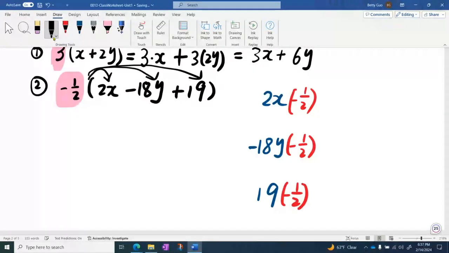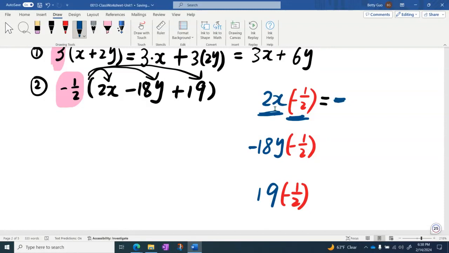When you multiply 2 quantities with signs, determine the sign first. Positive times negative. By the way, this is not minus. This is not 2x minus half. This is 2x times negative half. Positive times negative is negative.